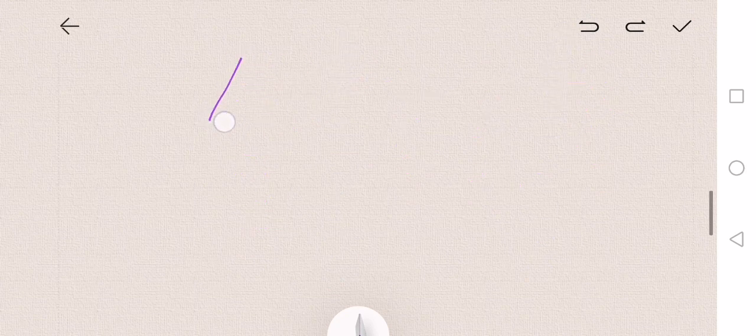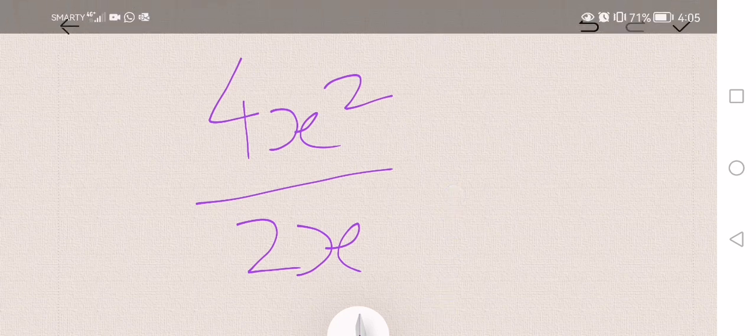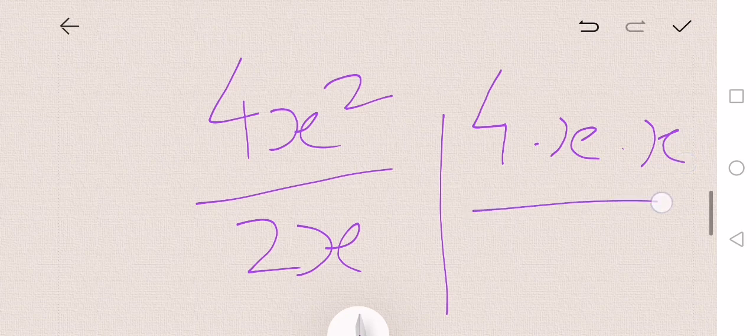What are you going to do if it's 4x square and 2x? Right, this is very interesting. You need to understand x and x. What does that mean? Actually, in the math, they're asking you to do 4 times x times x, and you don't need to write it like this, but I'm trying to explain.